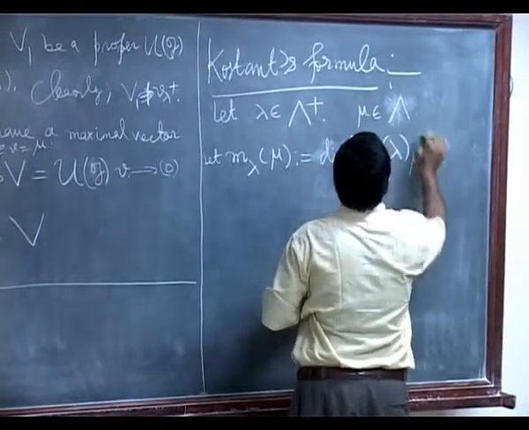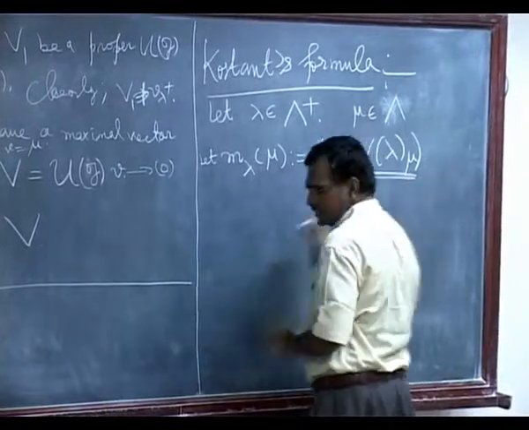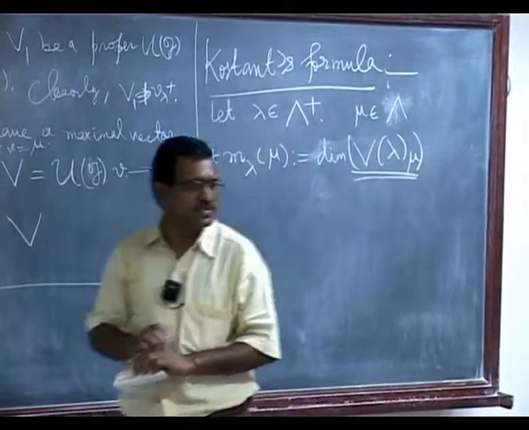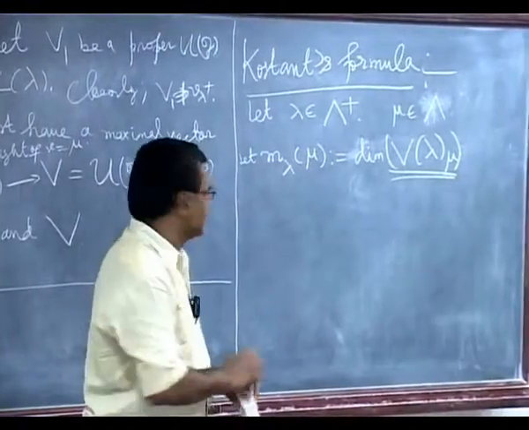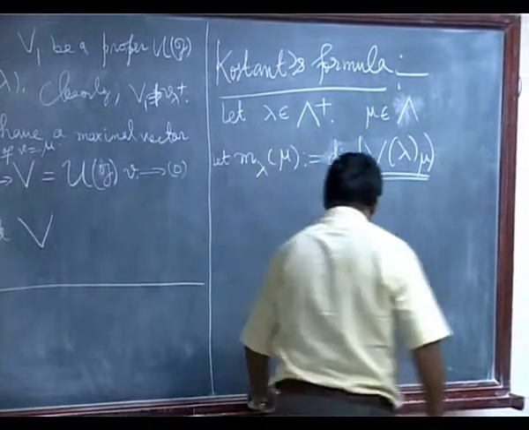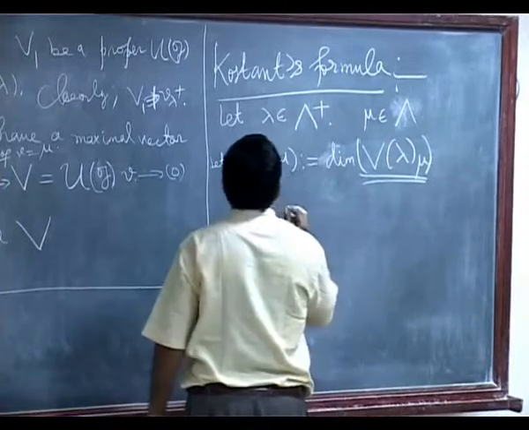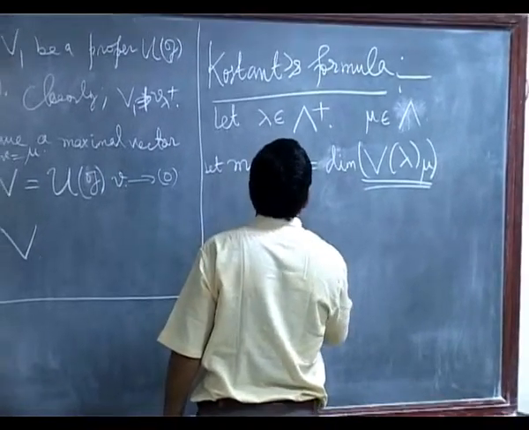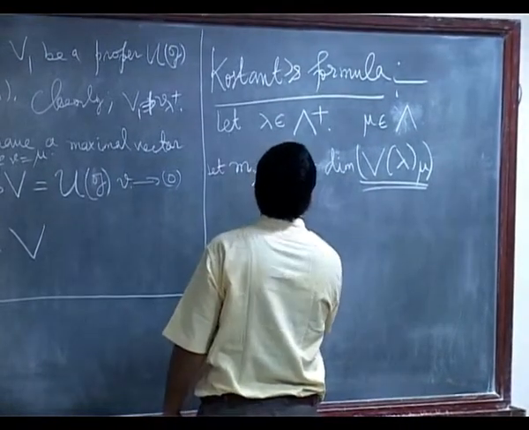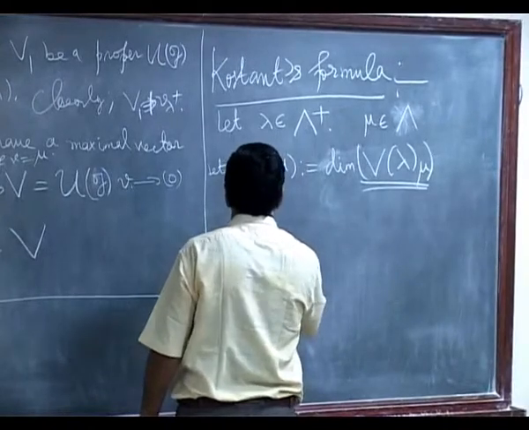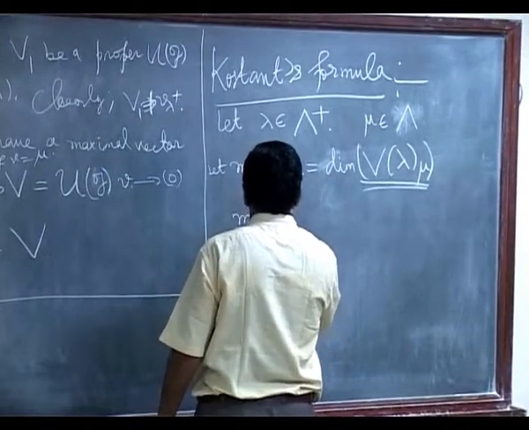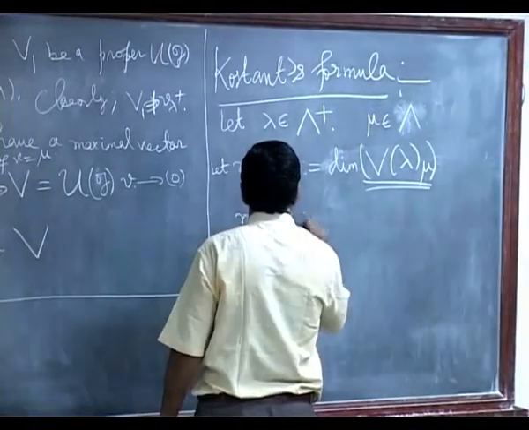So if this notation is defined, I could do it. I think this notation is defined. Okay, so this is the dimension of V lambda sub mu.